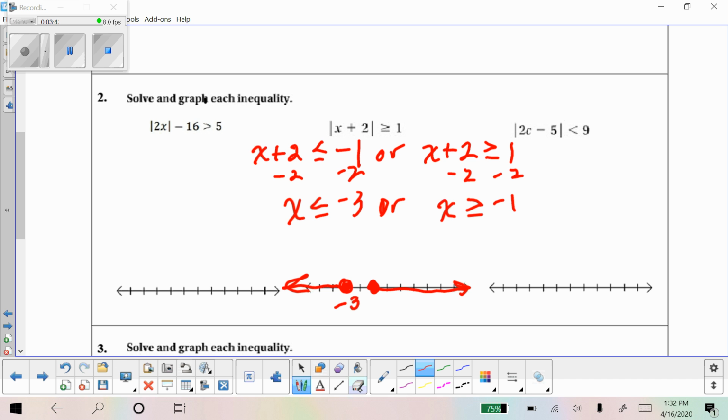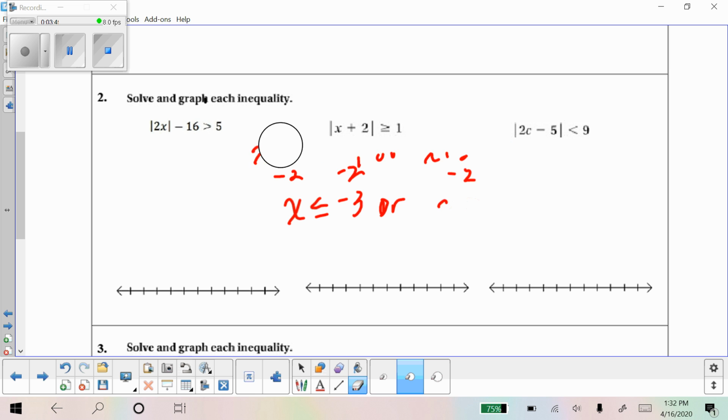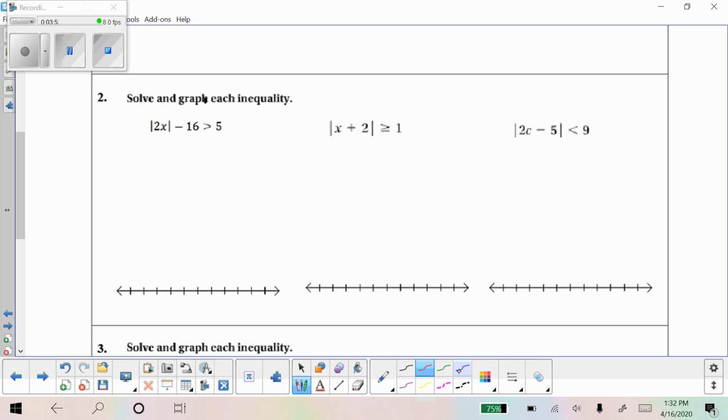All right, let's do the last one. The last one's a less than, so that's going to be an AND situation. Since we don't have any junk outside the absolute value, we're just going to start by writing. And remember, on the left side, the negatives, you're going to switch the sign around and make it negative 9.